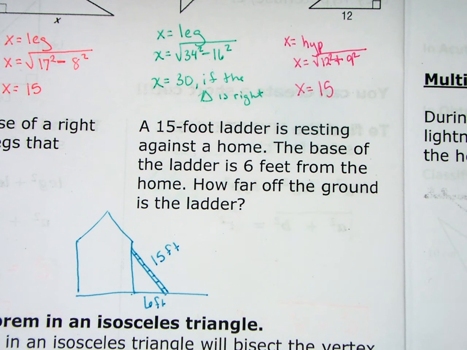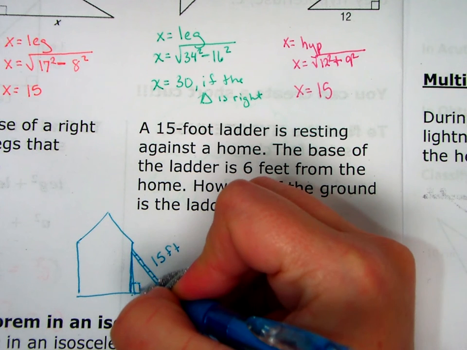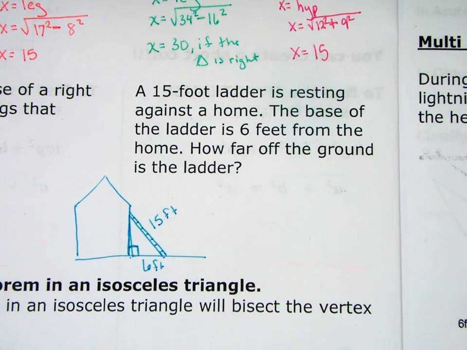And even if it wasn't, technically this is asking how far off the ground is the ladder, and height is always measured at a 90-degree angle. So even if my house is leaning, the height is still going to be measured at a 90-degree angle straight down to the ground. If you fall, you're going to fall straight perpendicular to the ground. Let's not fall off the ladder, though.